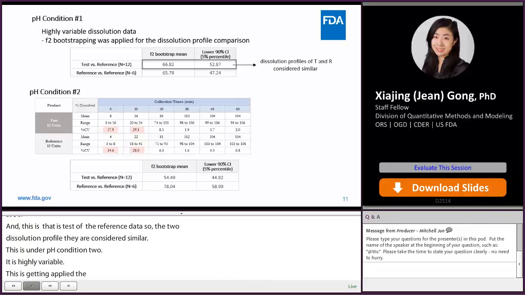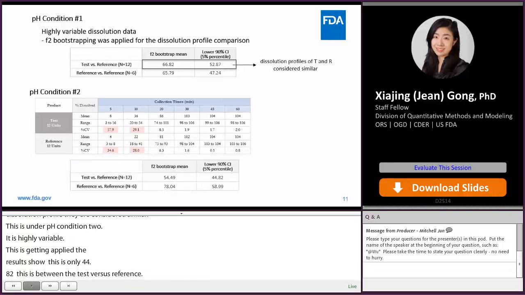So in situations like this, a larger dissolution profile difference between the test versus reference may be acceptable if the reference versus reference difference is large, meaning that the reference versus reference F2 may be used to justify the lower test versus reference F2.